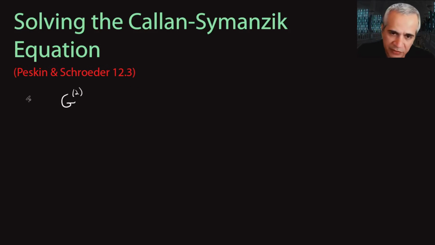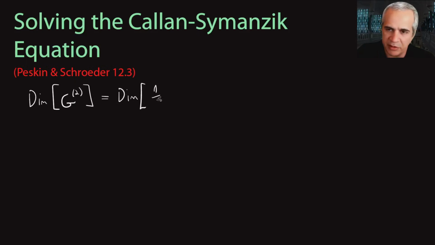So the first thing to remember is that the dimension of the two-point green function is the same as the dimension of the free propagator of the theory, which is the very first contribution to that function. And that's -2 in terms of natural units, GeV to the -2.